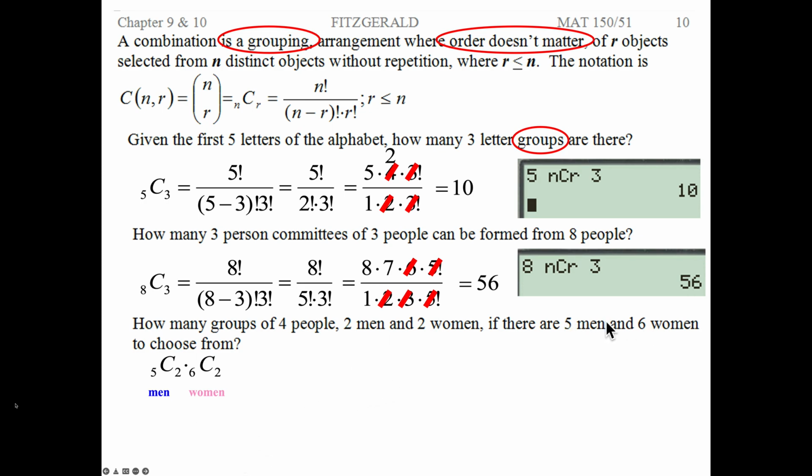I can't add the 5 and the 6 together and call it 11 and do 11 combination 4, because I put a restriction on the gender of my people, 2 and 2. So then I have to know how many total men and how many total women there are. And now we're going to go 5 combination 2, that's our men, and then 6 combination 2, that's our women.